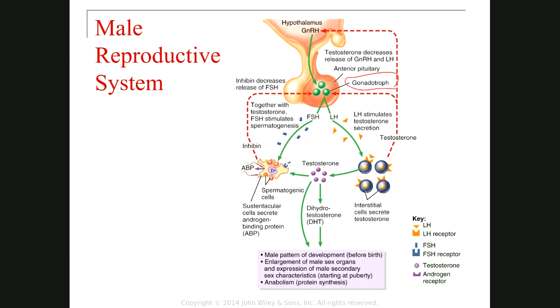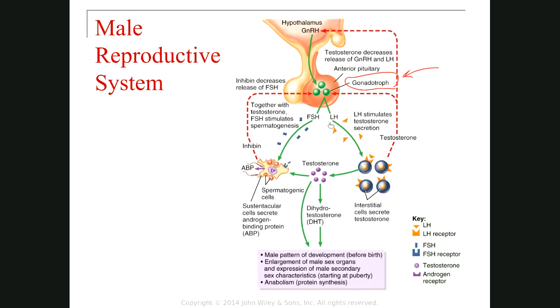These gonadotrophs have a receptor for GnRH. So GnRH comes and sits on these gonadotroph cells, and these cells start to make FSH and LH. The FSH is the abbreviation of follicle stimulating hormone, and the LH is the abbreviation of luteinizing hormone.